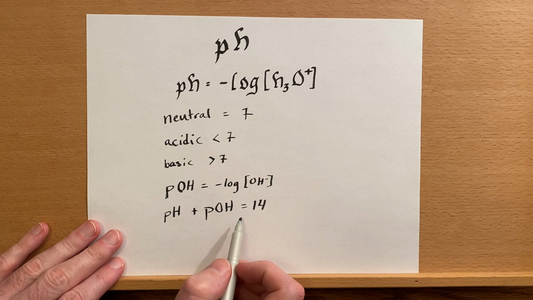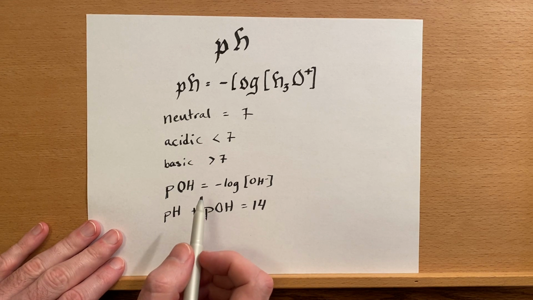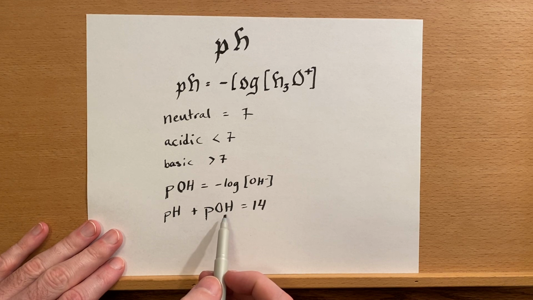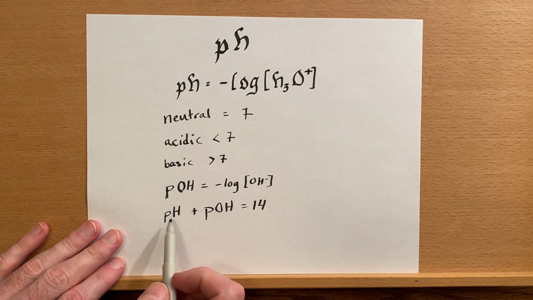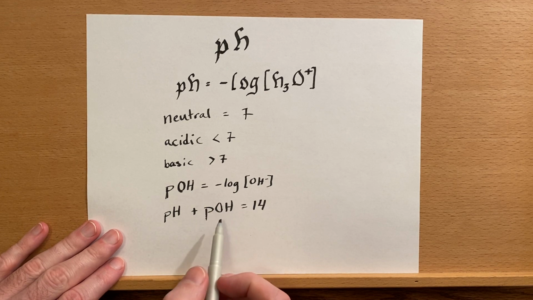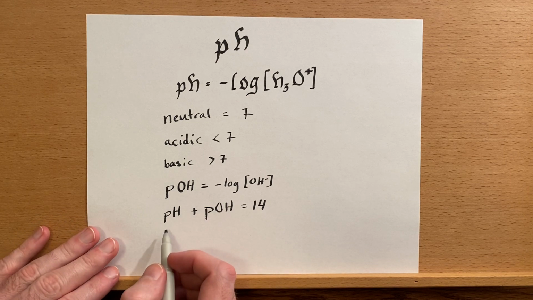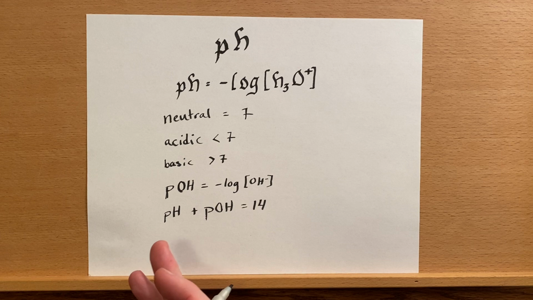And then if we take the negative log of H3O plus concentration times OH minus concentration, we get pH plus pOH. Logarithms, one of their properties is they turn multiplication and division into addition and subtraction. And so that's where the plus sign comes from.